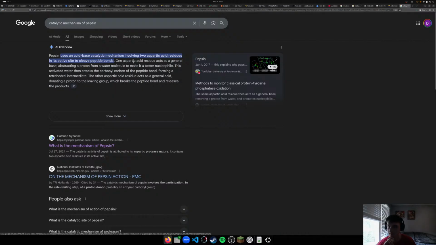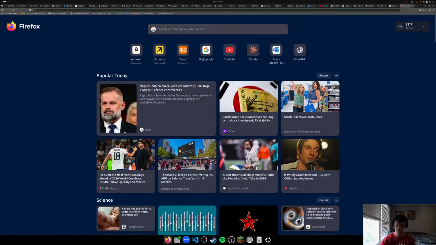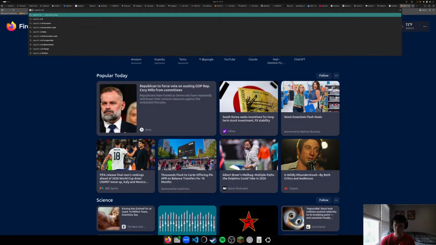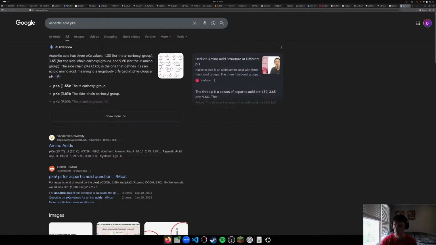Acid-base catalytic mechanism. Two aspartic acid residues in the active site. One acts as a general base, abstracting... so aspartic acid has a pKa of around, I think it's 2. Oh, never mind, it's 4.